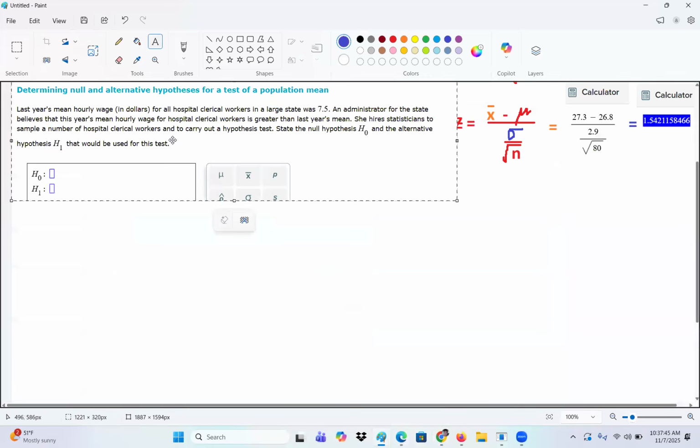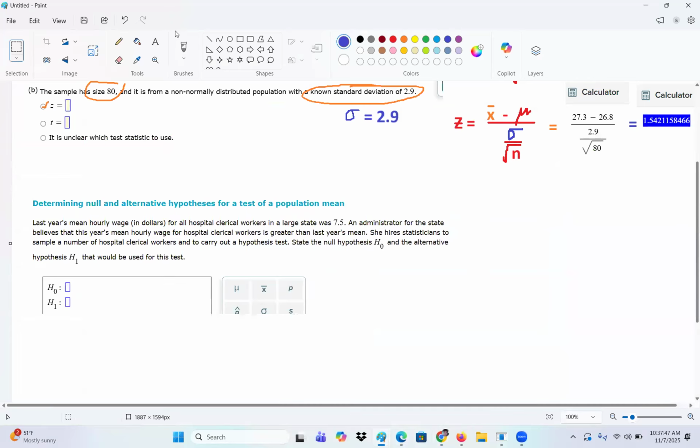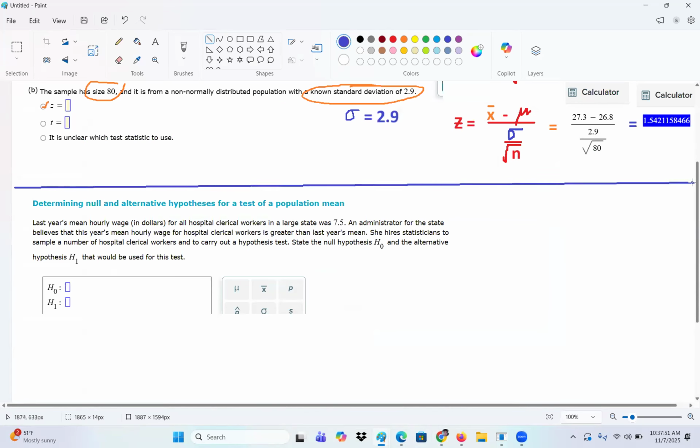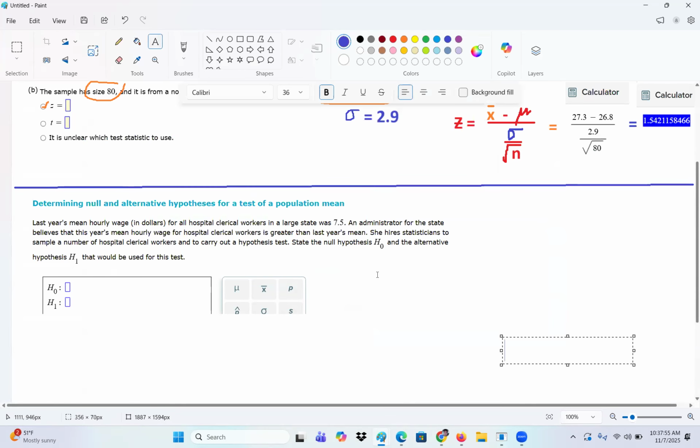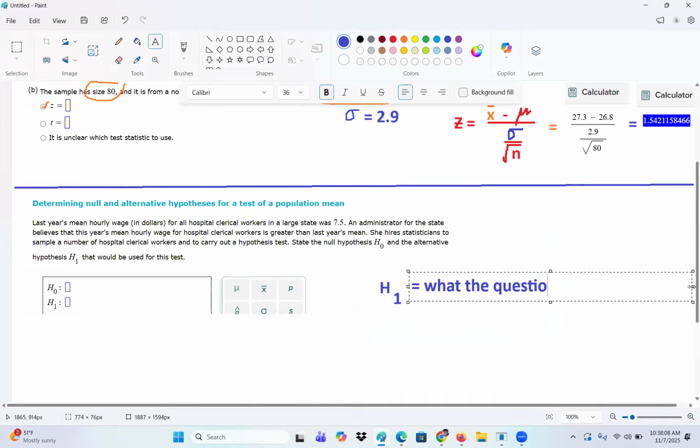So we have to determine the null hypothesis test. First we derive the H1, which is the alternative hypothesis. This is something that we have to base on what the question asks, what the question is testing.